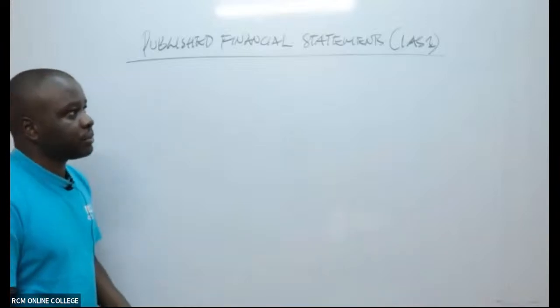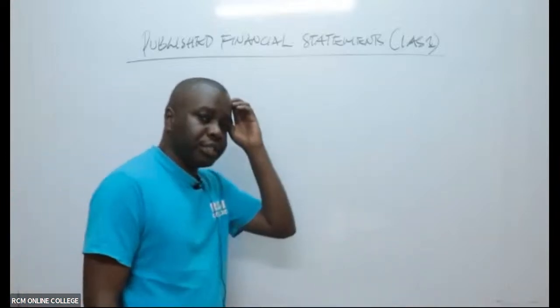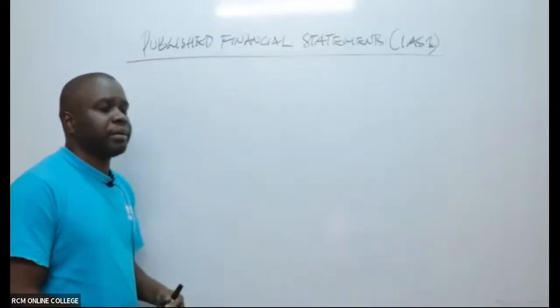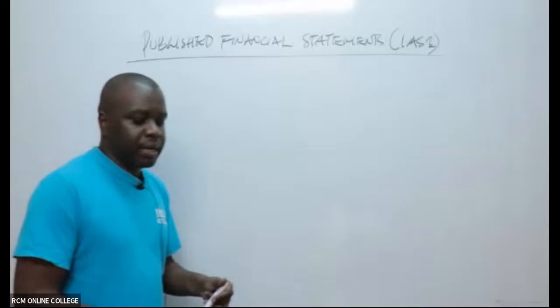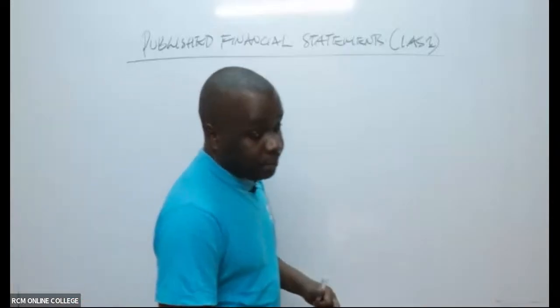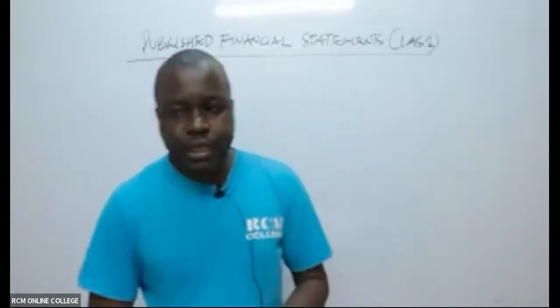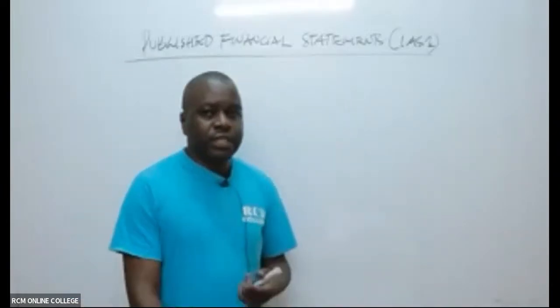There are key financial statements that will have to be published. For example, public entities have to make them public. We have, for example, the statement of comprehensive income, the balance sheet, the statement of changes in equity, and the cash flow statement.